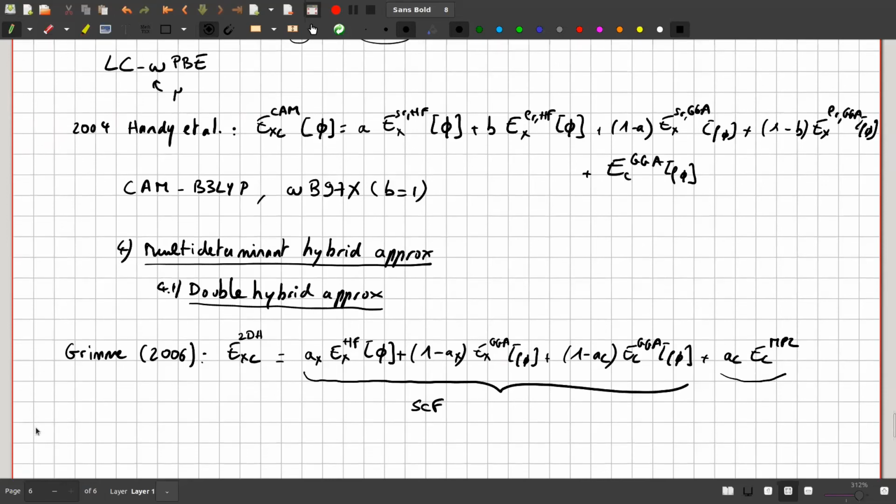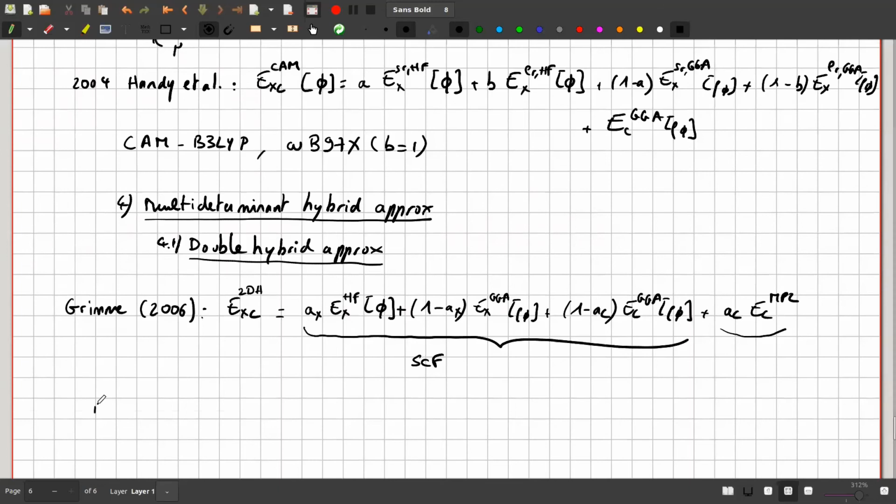An example of such a functional, the first one that has been proposed, is called B2PLYP, and it uses the GGA functional for exchange and the LYP functional for correlation. And the parameters have been optimized, so it was found a fraction of Hartree-Fock exchange 0.53 and a fraction of MP2 correlation 0.27.